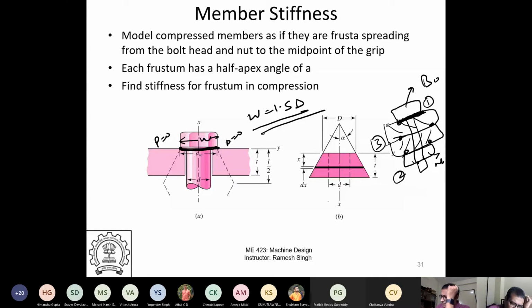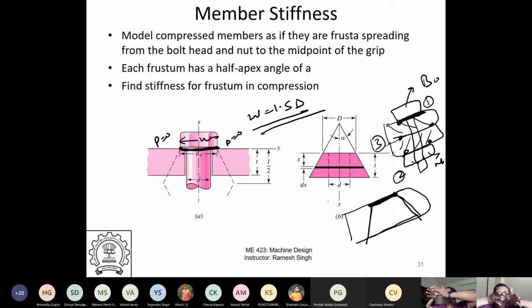If I make a free body diagram of how the pressure distribution in the member takes place, your area will keep on increasing. So your area which is under effective pressure would be like a frustum. It will be the size of the bolt head here, and then it will tend to have something like this. Everybody agrees?